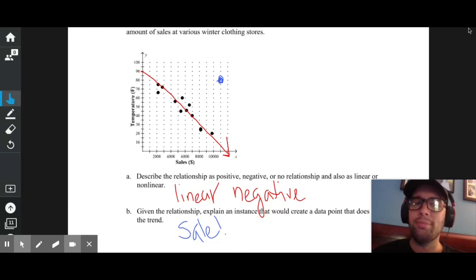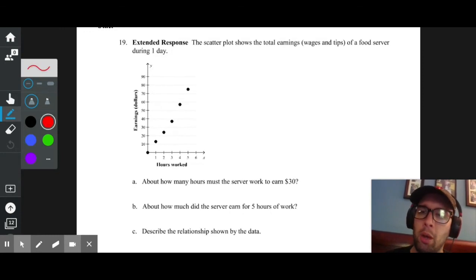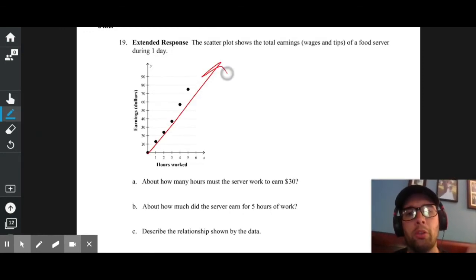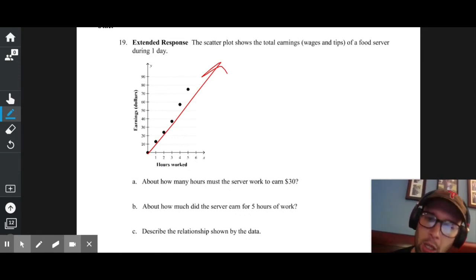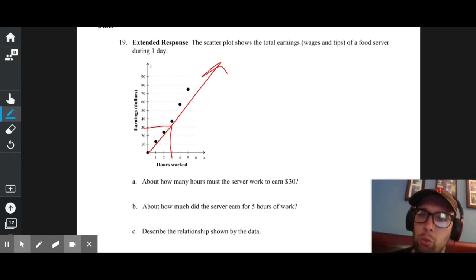Scatterplot shows the total earnings, wages, and tips of a food server during one day. So very similar to the taxi problem that we dealt with a little bit ago. It seems to me as the person works more hours in a day, he makes more money. So about how many hours must the server work to earn $30? Okay, so this is where it gets weird.